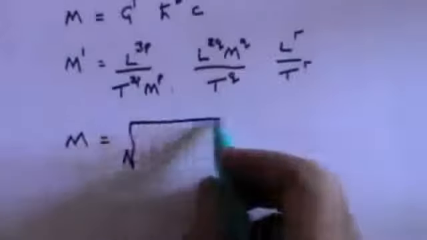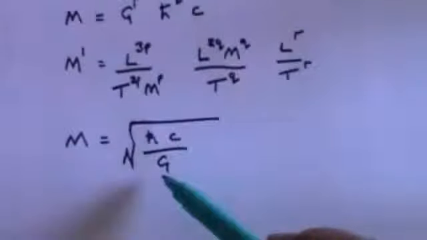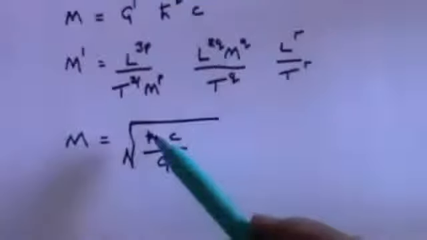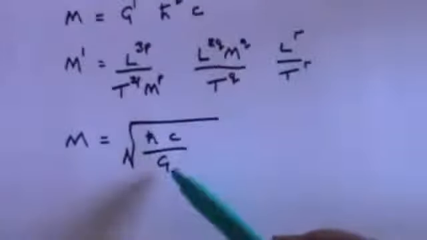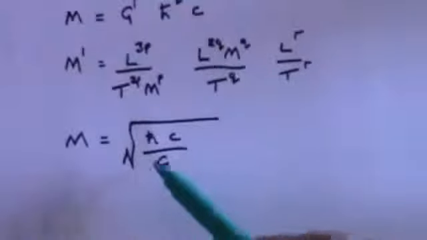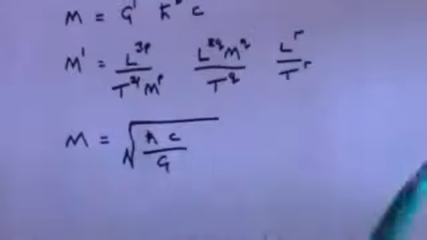So if you do that, what you find is that m becomes equal to the square root of h bar c over G. If you look at the dimensions of h bar, c and G, and you multiply and divide the dimensions in this way and take the square root, you will get a unit of mass.